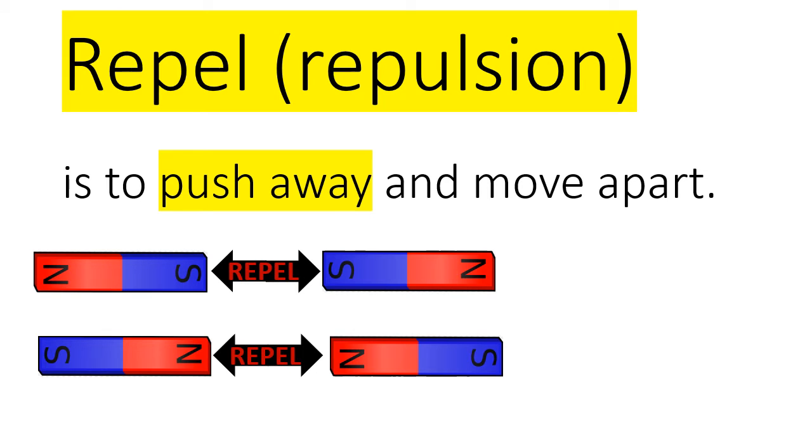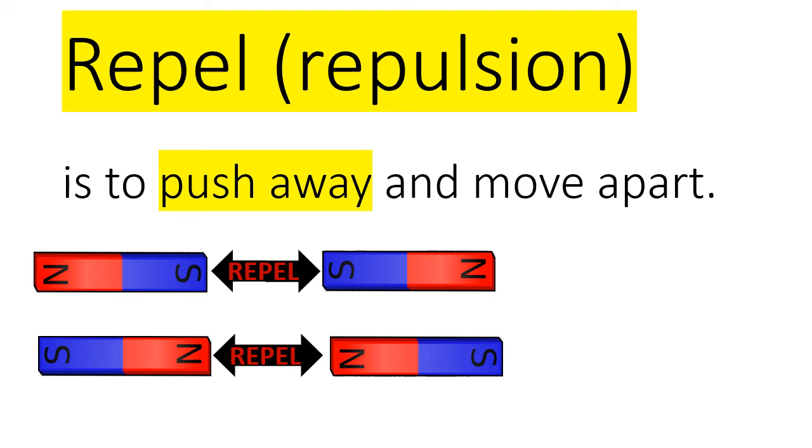What does repel mean, or repulsion? Repel is to push away and move apart. So here, the kids observed when they tried to put the S and the S together, they felt a force pushing the magnets, these two things, away. Or if they tried to put N and N together, the red parts together, they felt the magnets were pushing away.